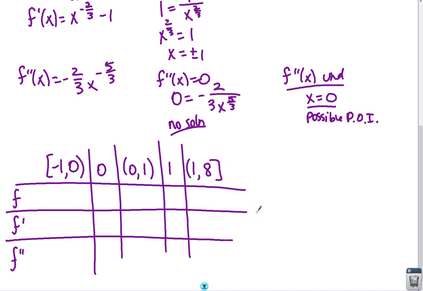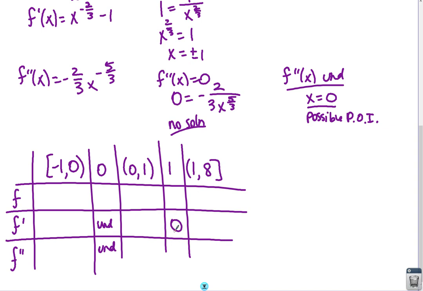So we know that at 0, both the first and second derivatives were undefined. At positive 1, that was where my first derivative was equal to 0.